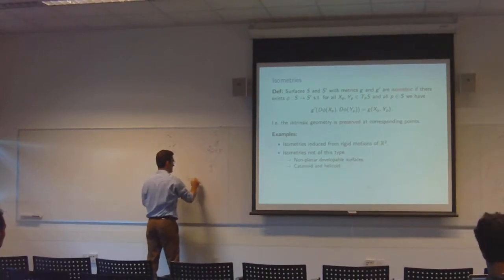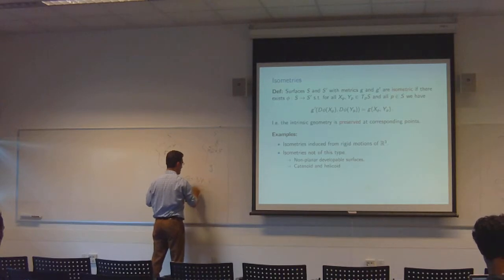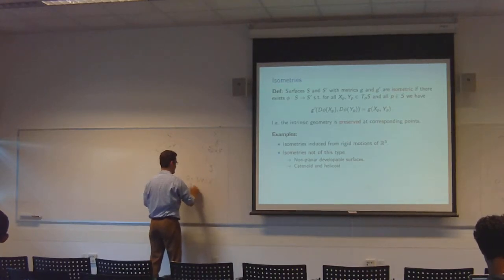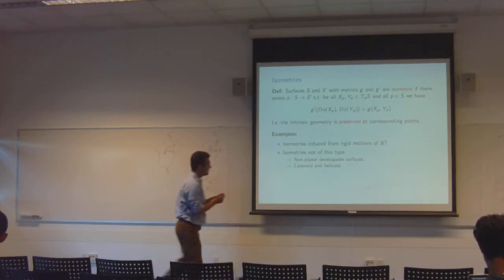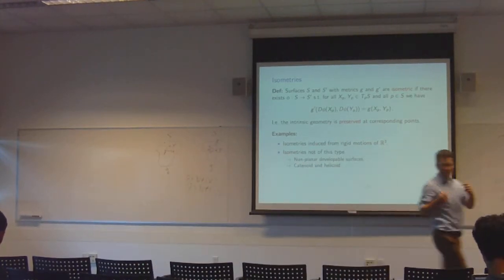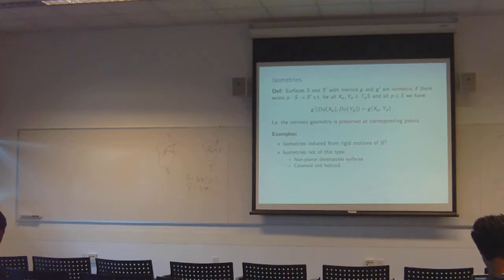Let me say x tilde equals d phi acting on x, and y tilde equals d phi acting on y. Then your formula is that the metric at those corresponding points is unchanged. If such a mapping exists, it's called an isometry.